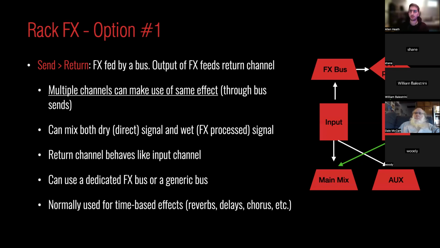That would totally work. You have to be careful not to get lost in that. For example, if you send the effects return for this effects processor into this bus, that creates a feedback loop. So just be careful when sending effects returns into effects sends. Make sure that's a different send from the one that corresponds with that return. But you could totally do that because this behaves just like an input channel.